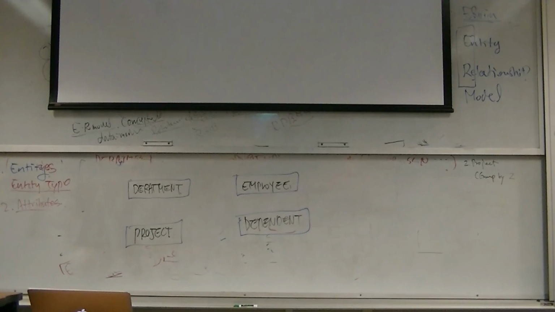What about the company? Yes, it can be an entity. However, think about how many companies do we have? Only one. If we create the entity type, there's no reason. It's a kind of constant fixed value. So we don't have to create it.